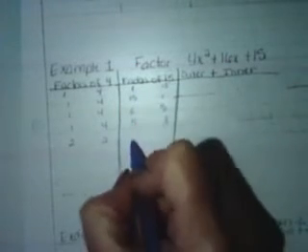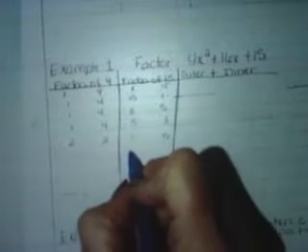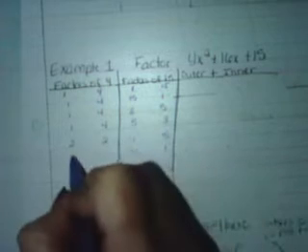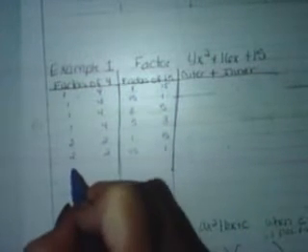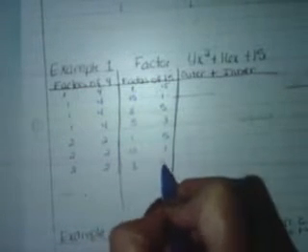So my factors of 15 are still 1 and 15, or 15 and 1. Or my factors could be 2, 2. I could have 3, 5 for 15, or 5 and 3.